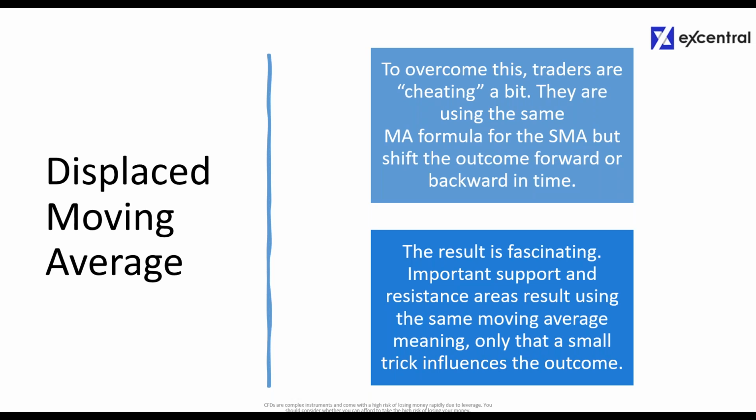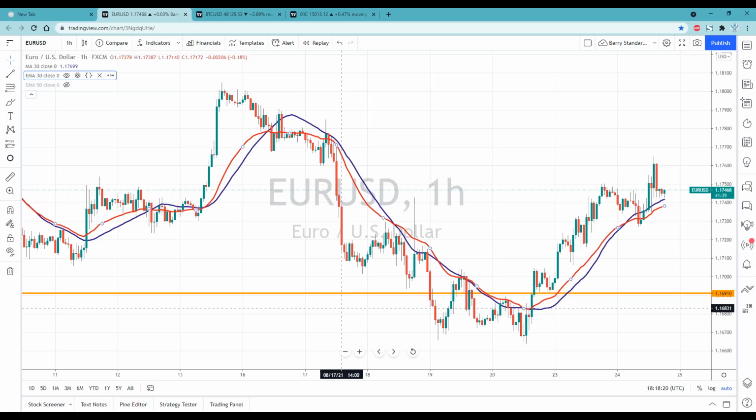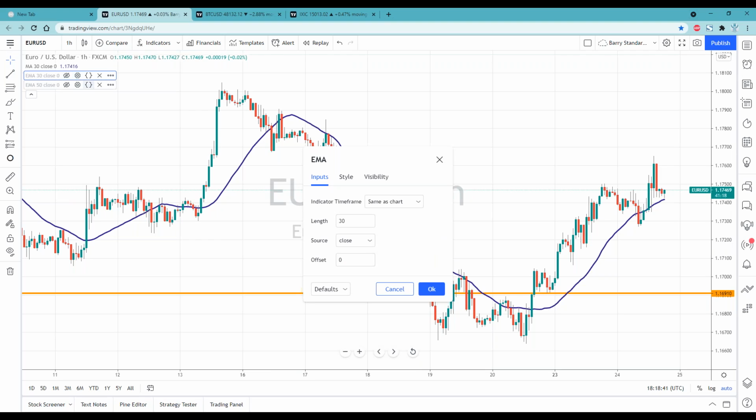So let me take you back to the live chart and show you this. It works, what I find, extremely well. Okay, let me turn off the EMA. Now we're looking back at my 30 period moving average, the purple line, simple moving average. Now, all we do is use an offset.